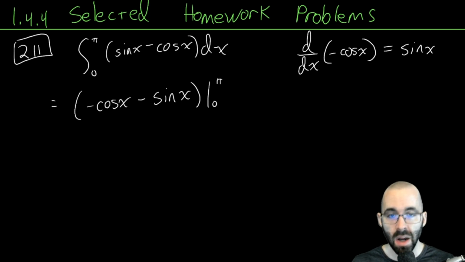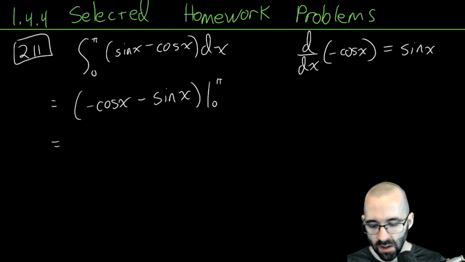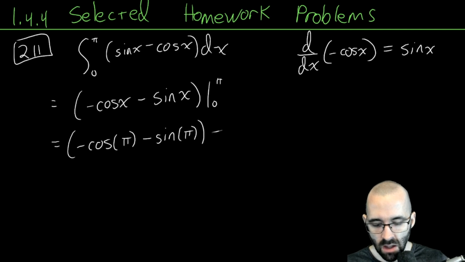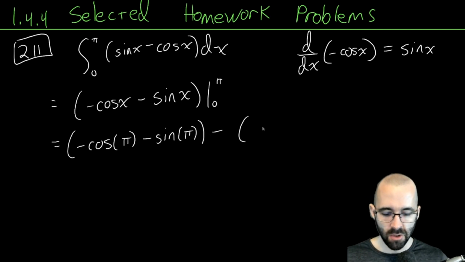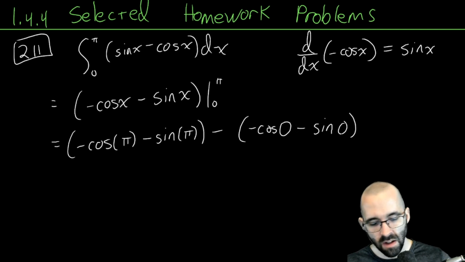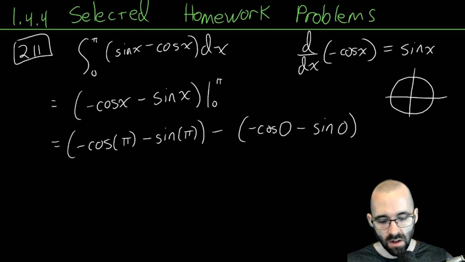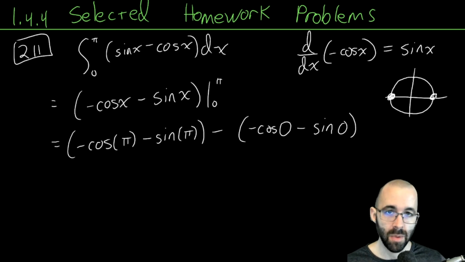We evaluate that at pi and 0 and take the difference. We're going to get negative cosine of pi minus sine of pi, minus, making sure to include parentheses, negative cosine of 0 minus sine of 0. Think about the unit circle again. We have pi and 0. Cosine is going to be the x-coordinate.